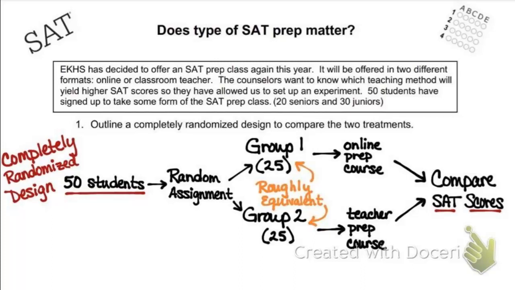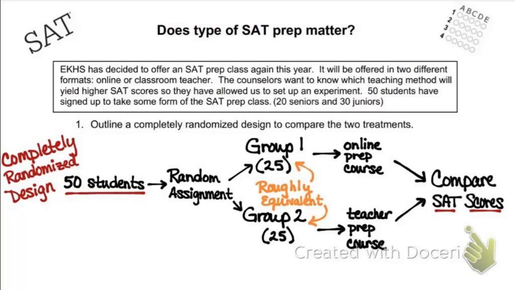Or you could say we're using student ID numbers, because those are unique to each student, to number the students, and then we're going to use a random number generator to pull student ID numbers, or something along those lines. Tell me how you have labeled the students numerically, and then describe how you're assigning them to the groups using those numbers and the randomization.